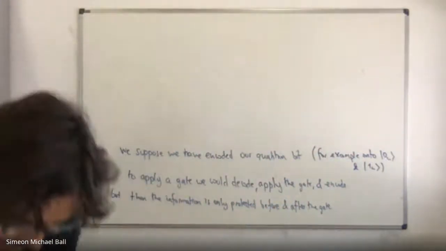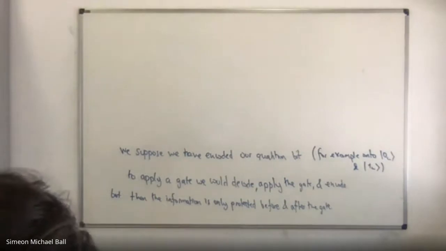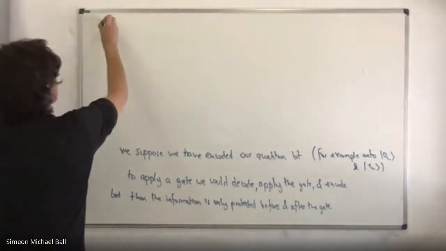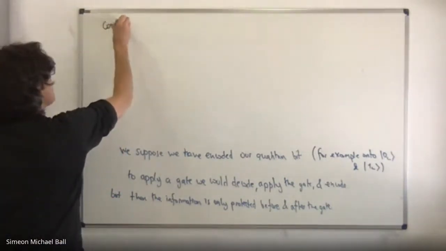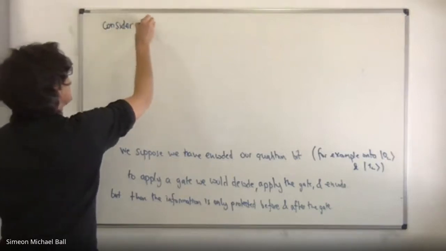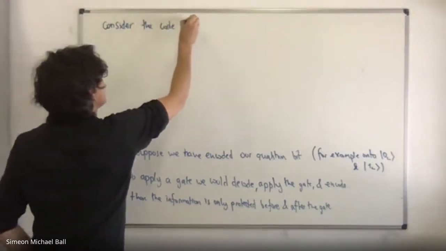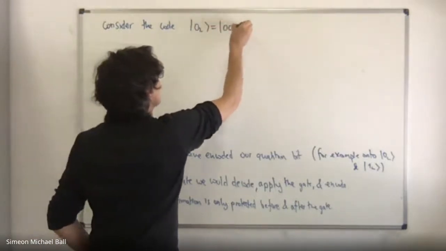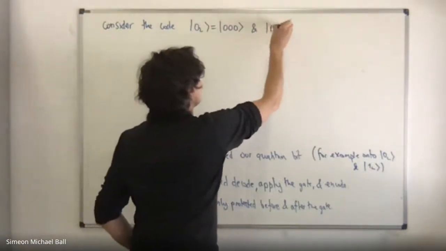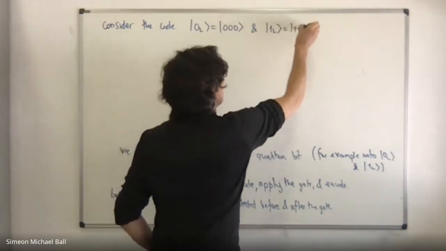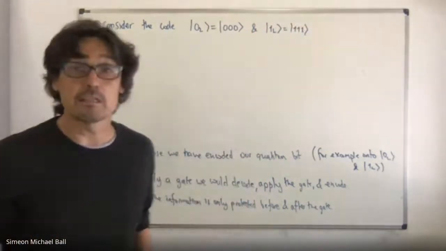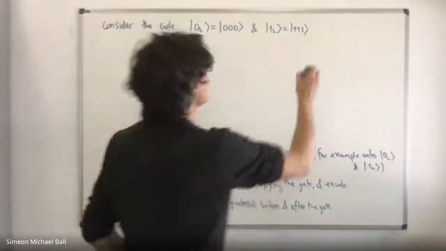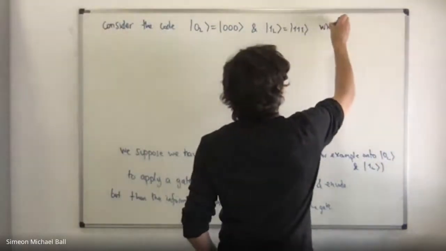Now let me give you an example. So let's just consider the code we saw right back at the beginning. The code 0 logical, which was just 0, 0, 0, and 1 logical, which was 1, 1, 1. Now this only protects against X errors.